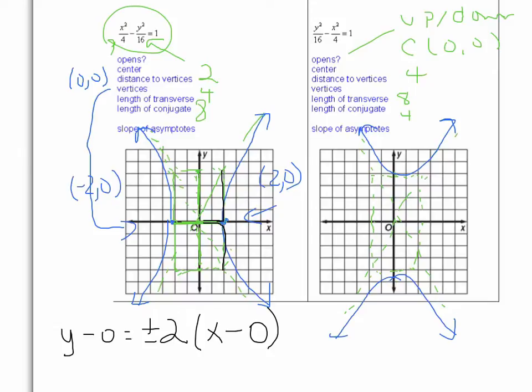We reversed the length of the transverse and the conjugate axes because now the transverse axis runs this way from vertex to vertex, and the conjugate axis runs this way, but they're still the same length, and the asymptotes are the same, so we use the same equation.